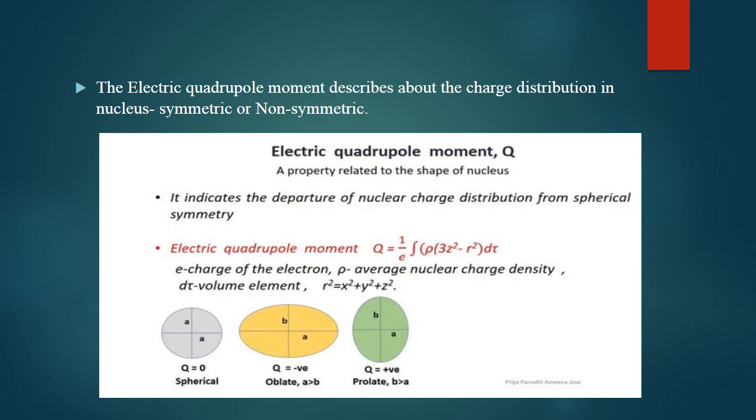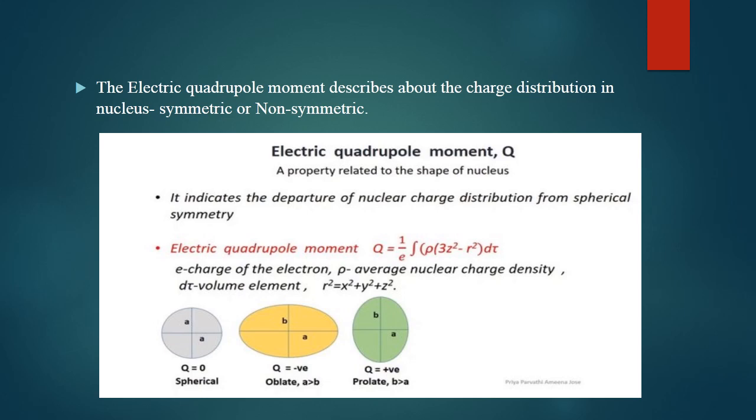And second, if the charge distribution is expanded horizontally, or you can say along the semi-major axis, we can say that the quadrupole moment is negative, and the structure is called oblate. As we know, the structure is termed oblate, and the electric quadrupole moment has a negative value.